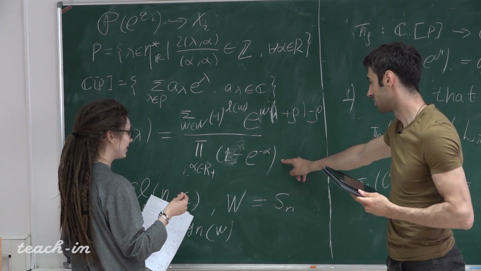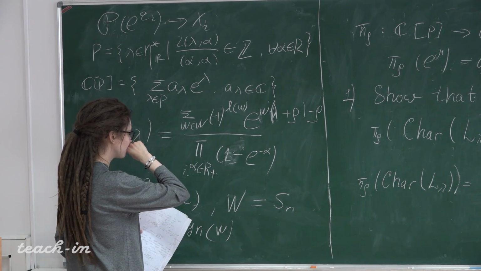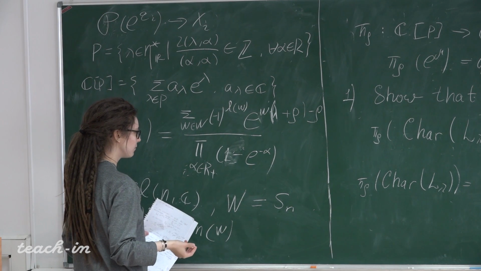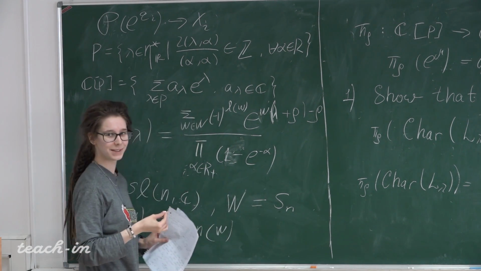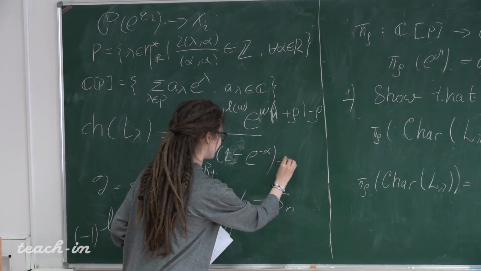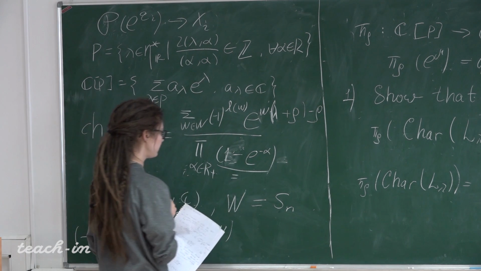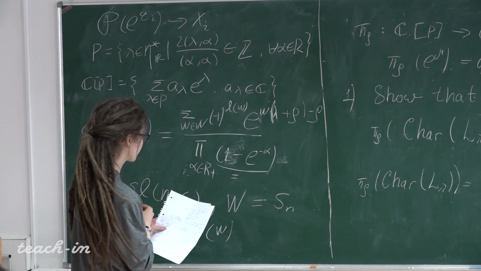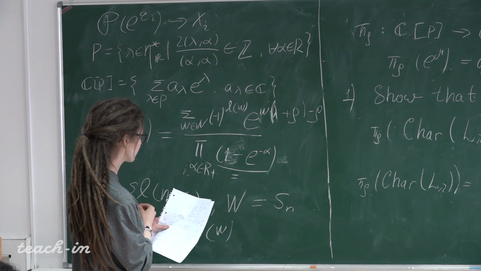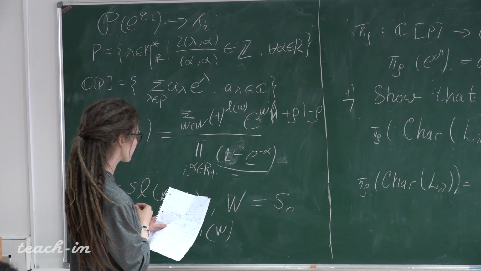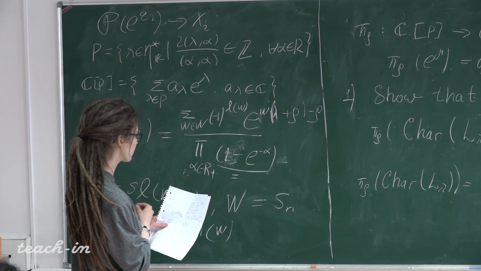Write alpha as a sum of alpha by 2 plus alpha by 2, just two equal pieces, right? Just divide alpha by 2 and take it two times.